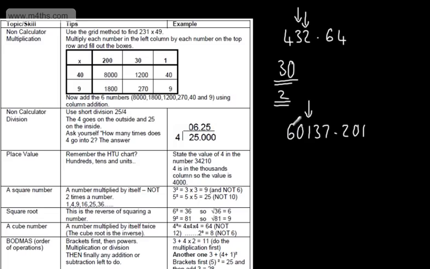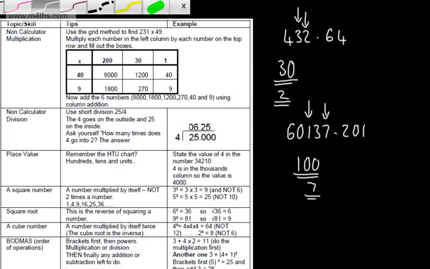So we could say now that the value of the 1 is 100. If we wanted the value of the 7, that is just 7 as they are units. So that's place value.